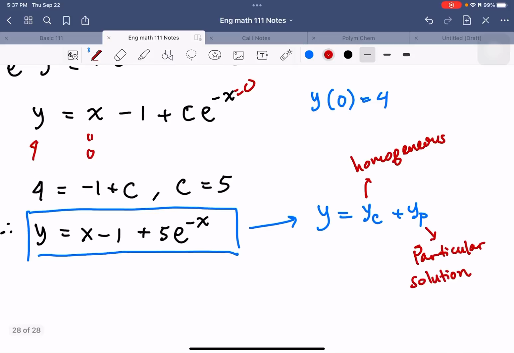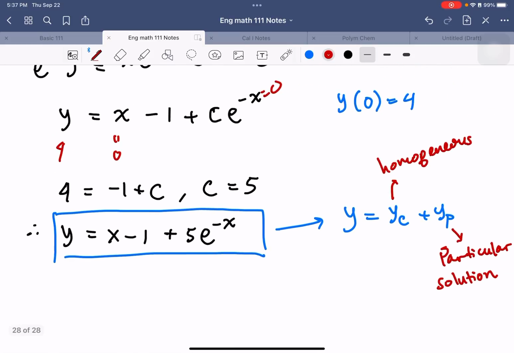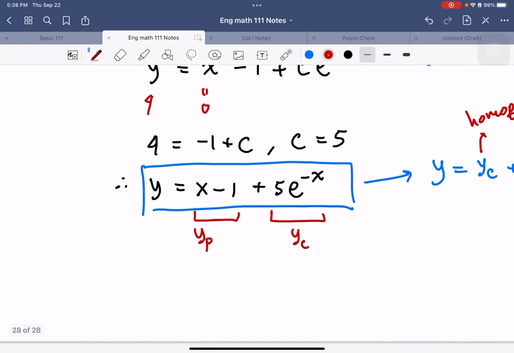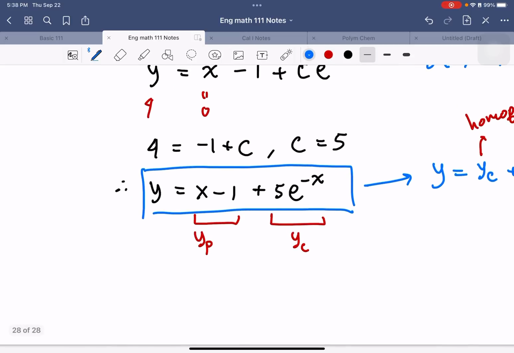In our equation here, if we look closely, this is our yc, and this is our yp. Why is this called yc?